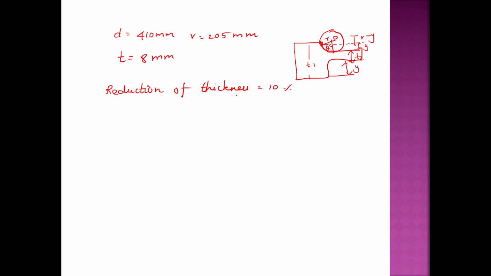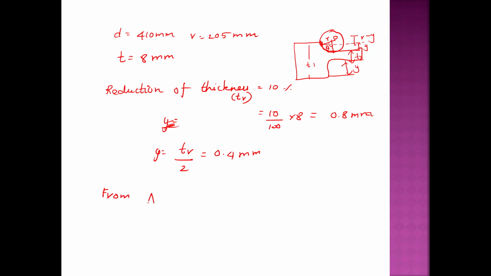So that we will take as the reduction in thickness. That is 10 by 100 into the thickness 8, so it is 0.8 mm. So y can be calculated as reduction in thickness divided by 2, that is 0.4 mm.